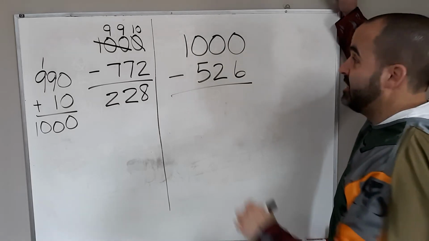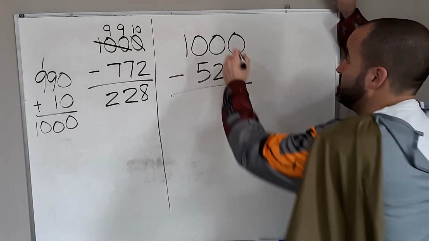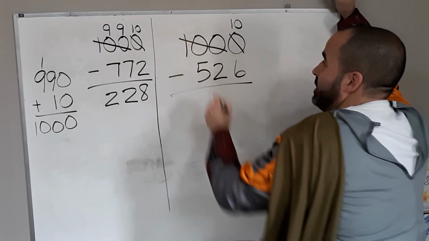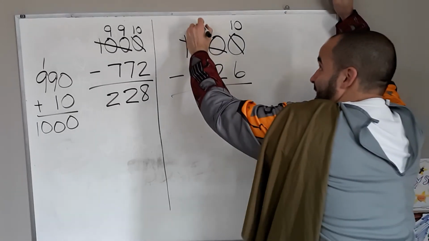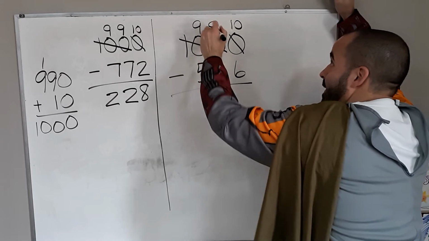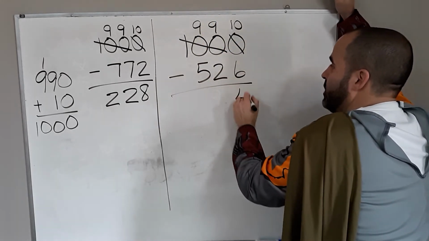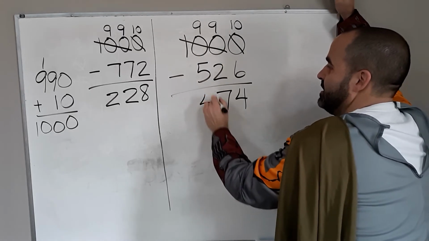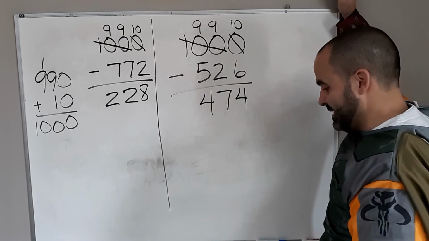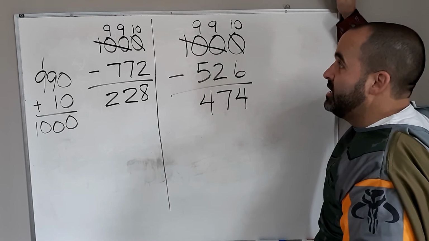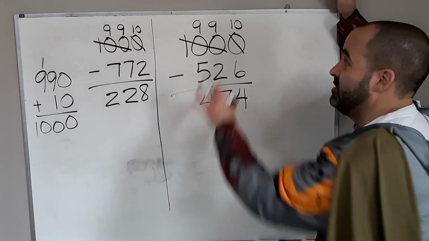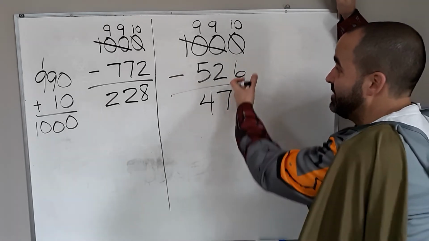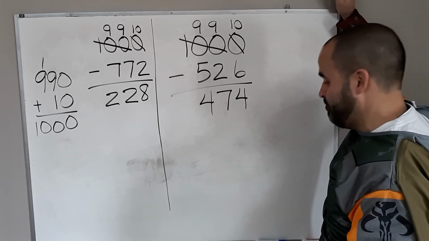So again, 0 minus 6 I can't do, so I'm going to make that 0 a 10, cross off 100, make it 99. 10 minus 6 is 4, 9 minus 2 is 7, 9 minus 5 is 4, and there's my answer, 474. Okay, so that's how you can do the backside, or whenever you get 1,000, and you have to borrow to get to that 0, which is most of the time you're going to have to do that, okay?